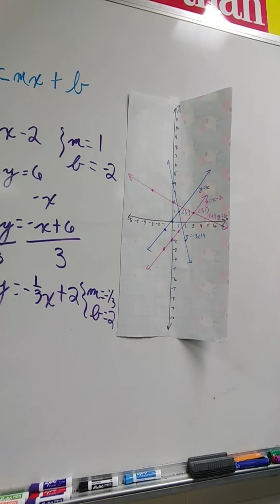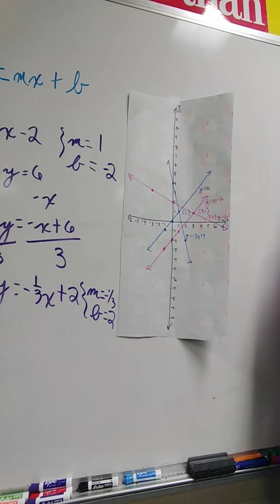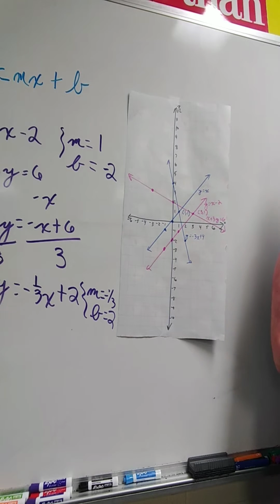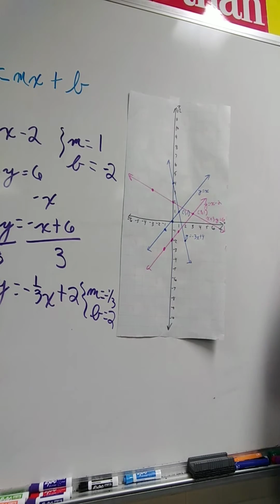If you end up graphing the same line twice, you have infinite solutions. And that's what you would write as your solution: infinitely many solutions. Okay. Before we move on and look at another example, are there any questions about what we've discussed? Okay.